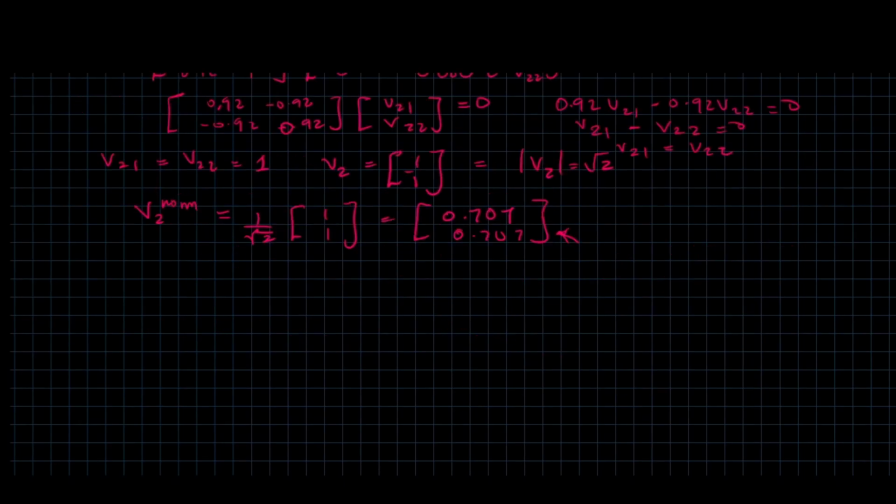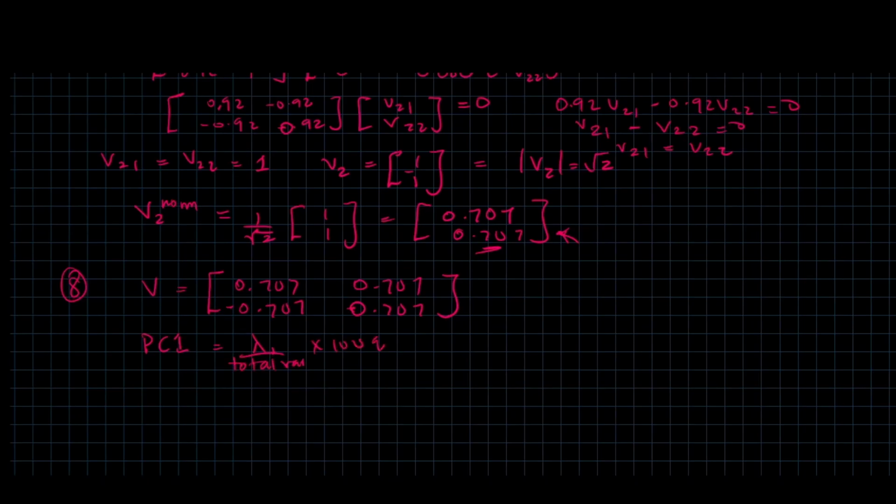Now the PCA transformation matrix after everything is V equals to, this is for the first one, 0.707 and minus 0.707, and this is for the second one, 0.707 and 0.707. For PC1, it's going to be equal to lambda 1 over the total variance. I'll tell you what the total variance is now.